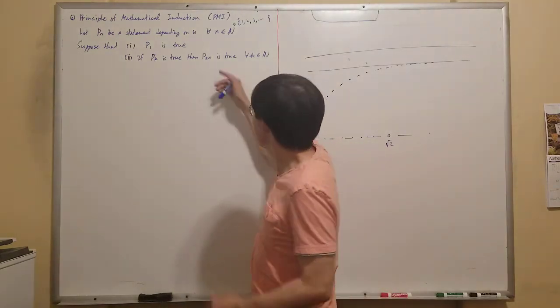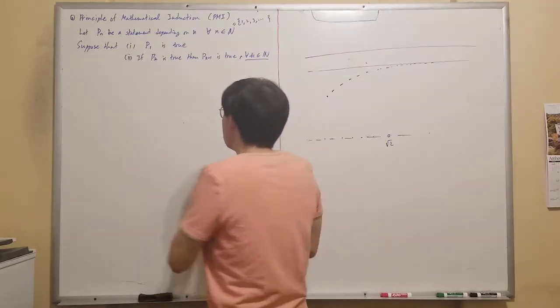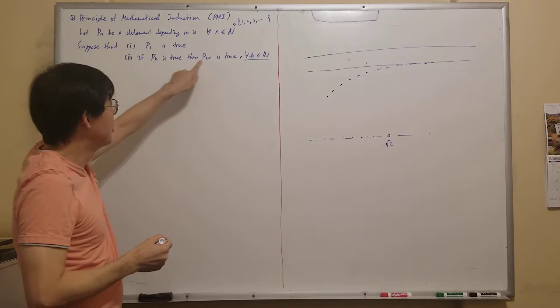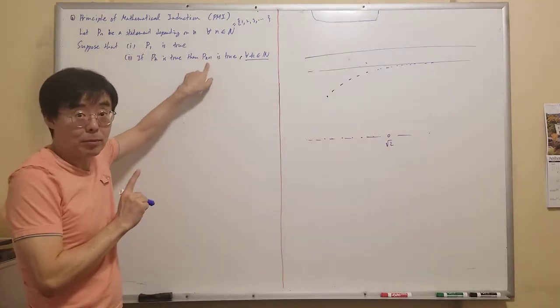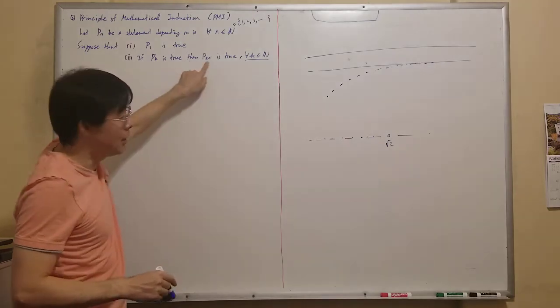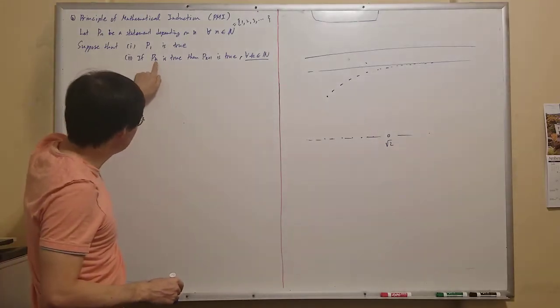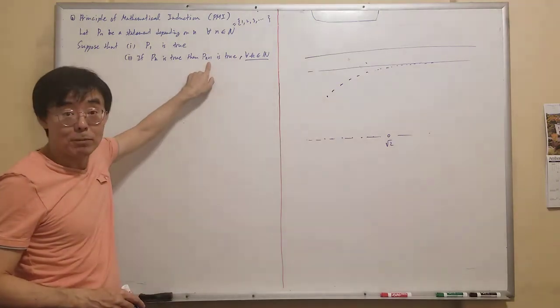So, for all positive integers k: if P1 is true, then P2 must be true. We don't know yet. If P2 is true, then P3 must be true. k equals 3: if P3 is true, then P4 must be true.